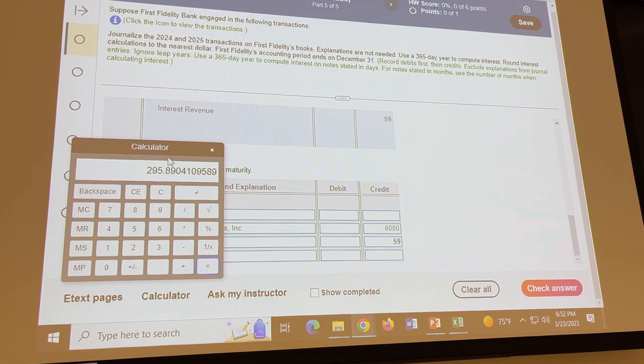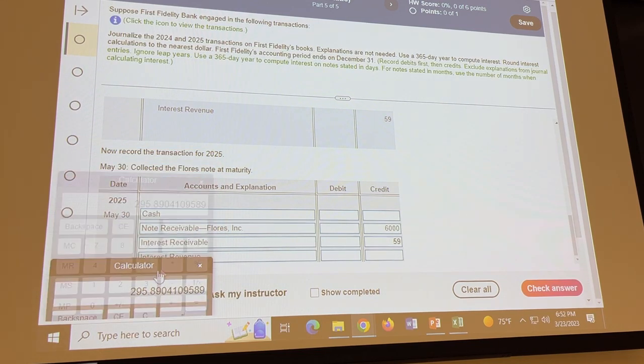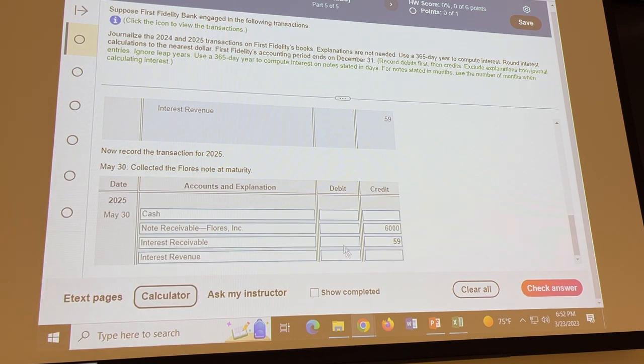That's rounded to the nearest dollar, that's $296 that will show for interest revenue. And then if we add all three of our credits together, that would be $6,355. And that will be the amount that we debit to cash there.